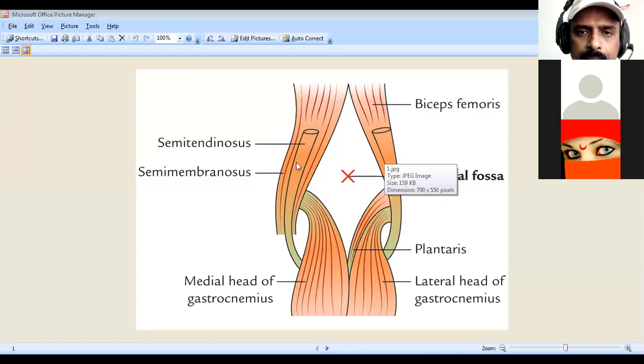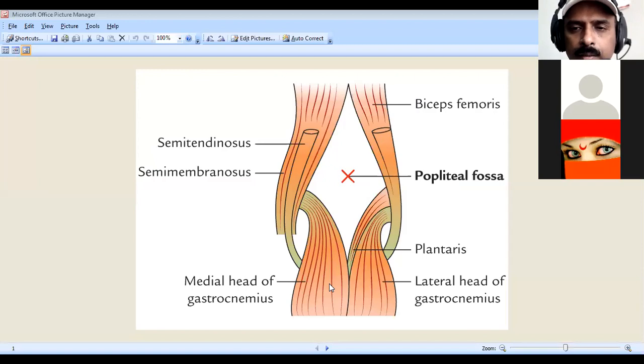Superior medially are the semitendinosus and semimembranosus, inferior laterally are the plantaris and lateral head of gastrocnemius, and inferior medially is the medial head of gastrocnemius. So you have to know all these 4 muscles which form the boundary.